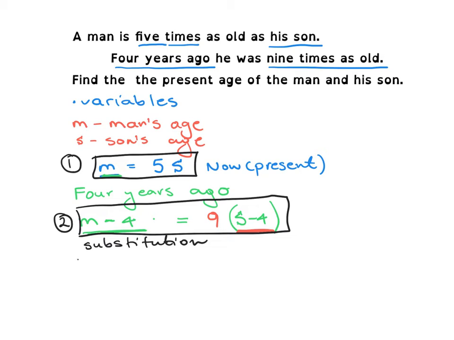I'm going to substitute 1 into 2. So 1 is M equal to 5S, and 2 is M take away 4 equal to 9 times S take away 4.